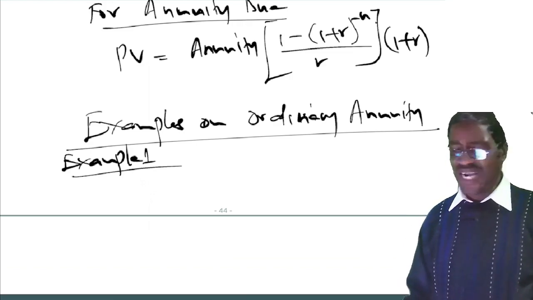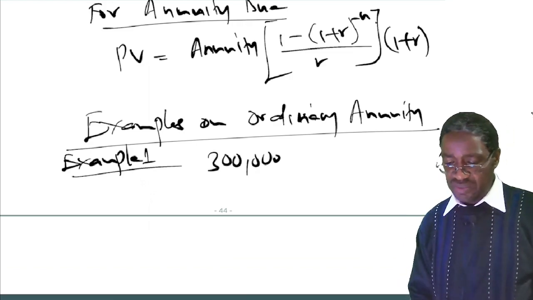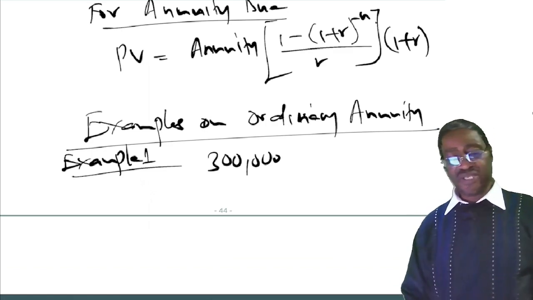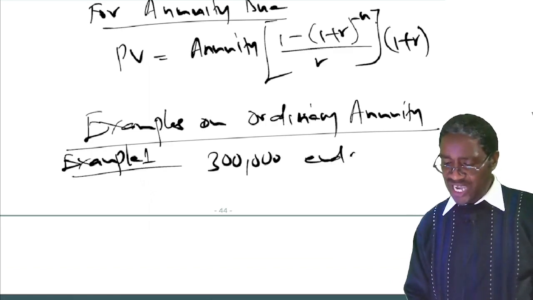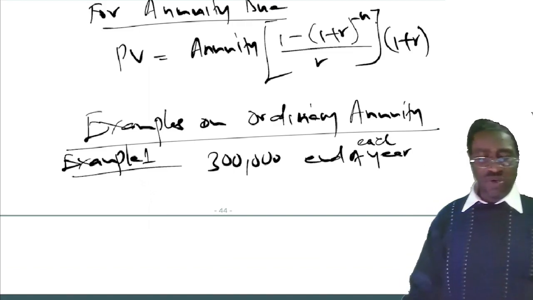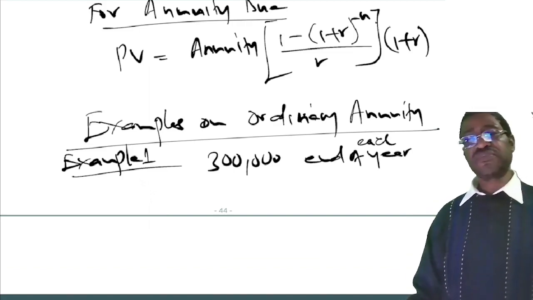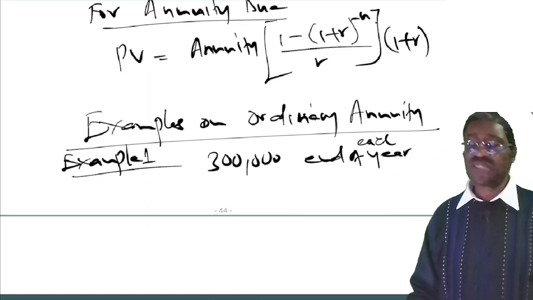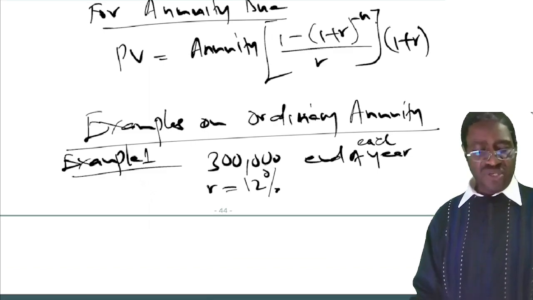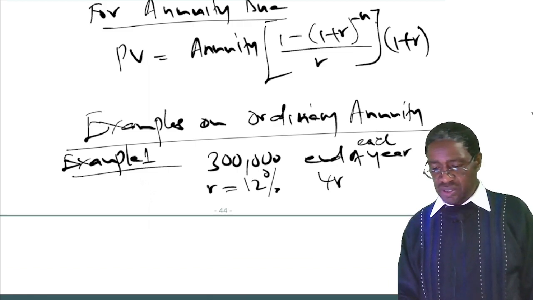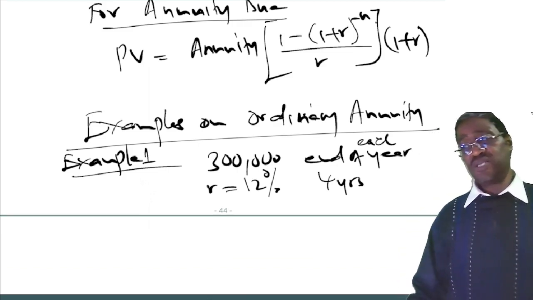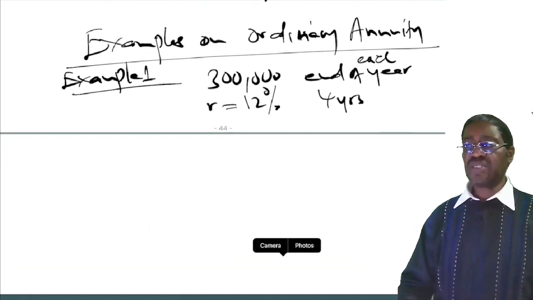If an amount of shillings 300,000 is expected to be received at the end of each year, at an interest rate of 12% for 4 years, determine the present value.